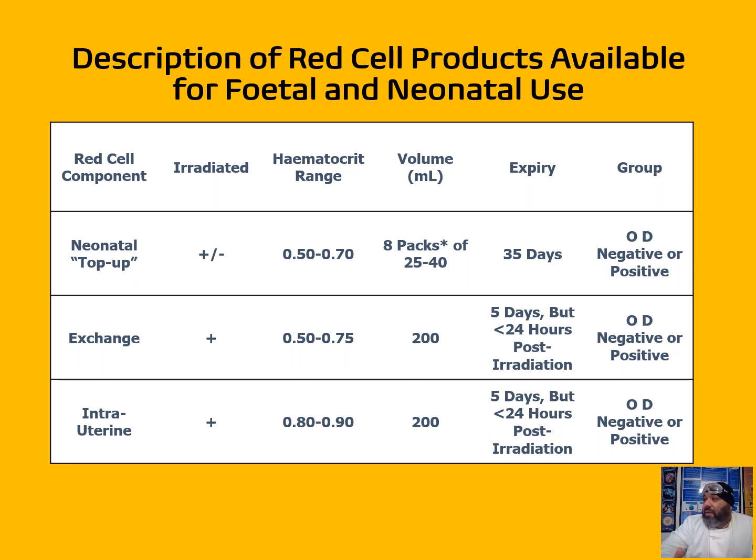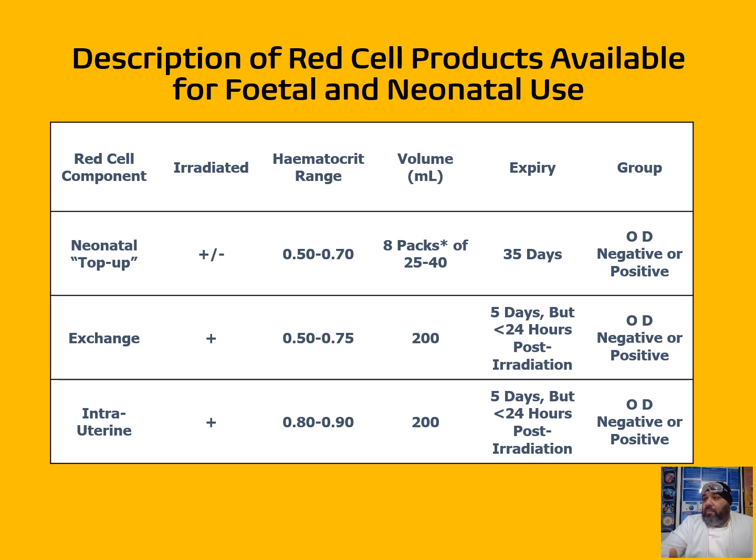And in regards to blood group, for example, it should be a group O, negative or positive, and technically, blood group O would be ideal in relating to red cells for fetal or neonatal use.